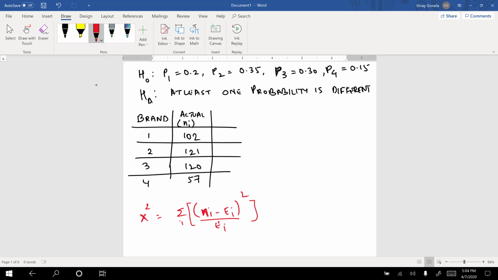So the first thing is I need to calculate the expected value of I. The expected value formula is given by E is equal to NP, where P is the probabilities and N is the total sales or total sample size.